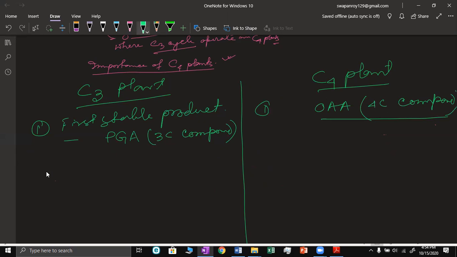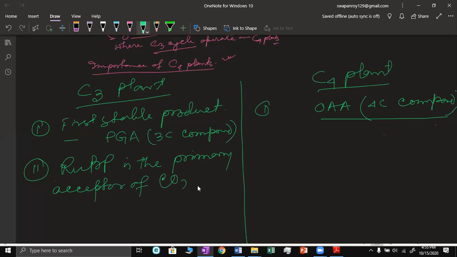What is the primary acceptor of the carbon dioxide? This is RuBP, ribulose bisphosphate, the primary acceptor of carbon dioxide.